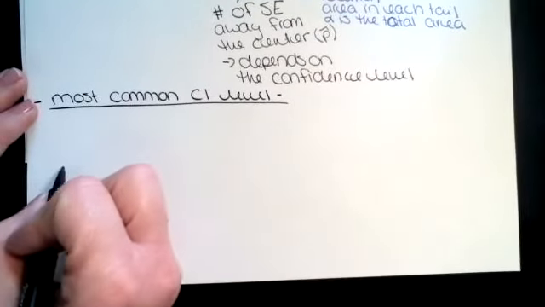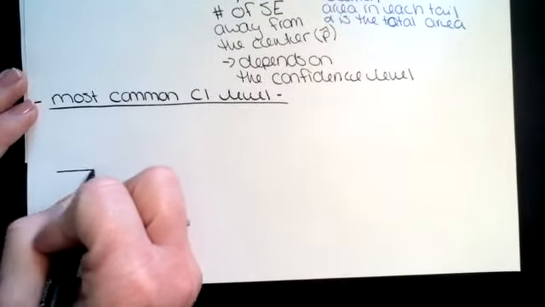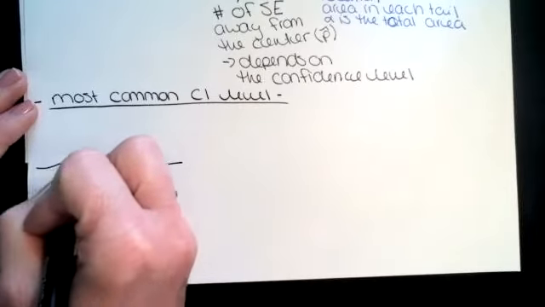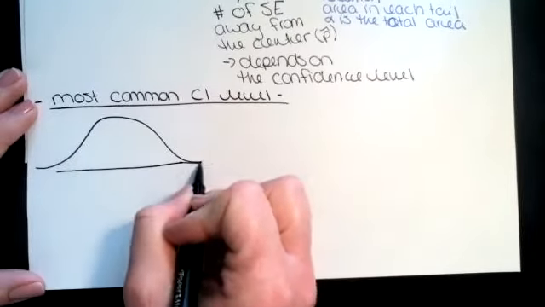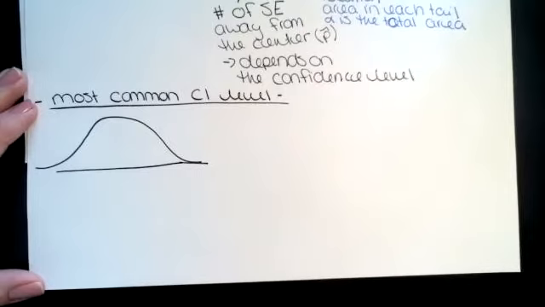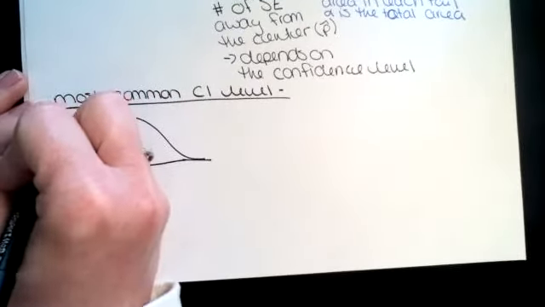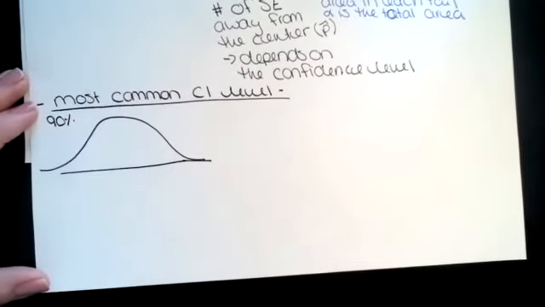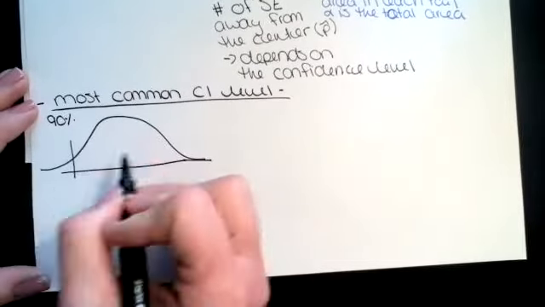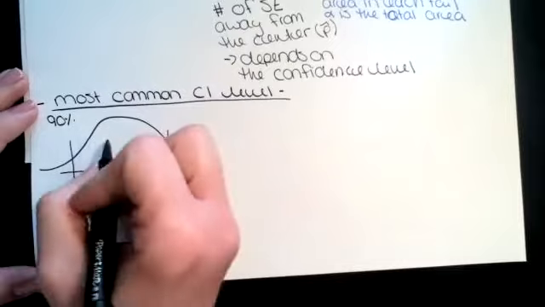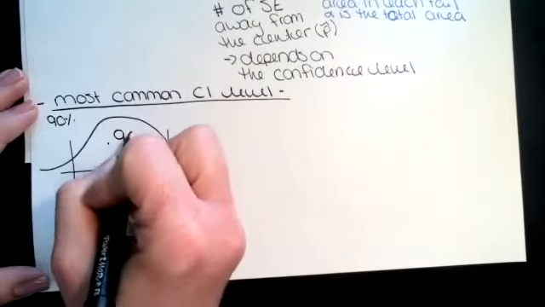So I'm going to look at this curve. Here's my normal curve, sort of. It's not great. Now, if I'm looking at a 90% CI, I'm going to write 90% up here. What that means is the area in the middle is 90%, or 0.90.